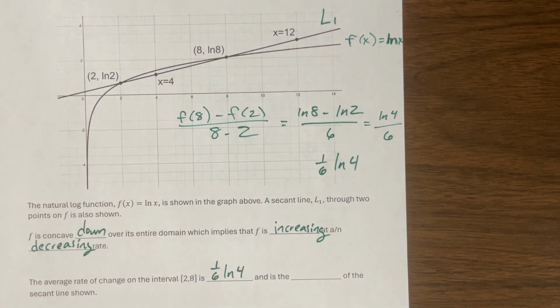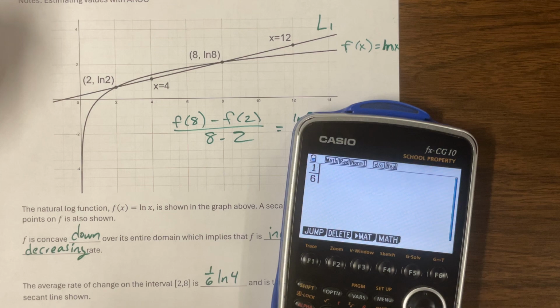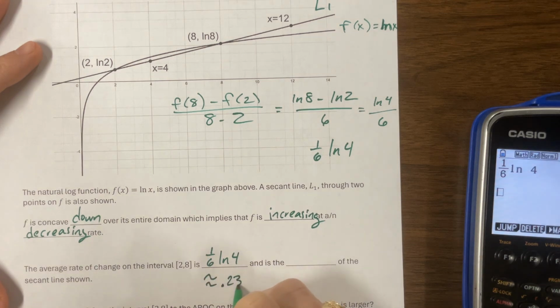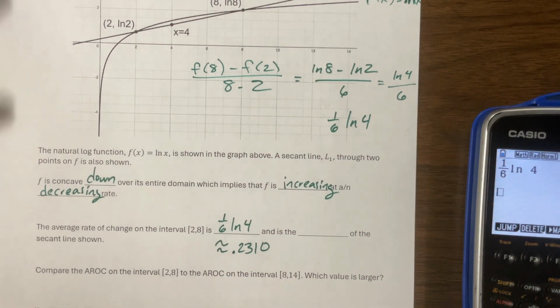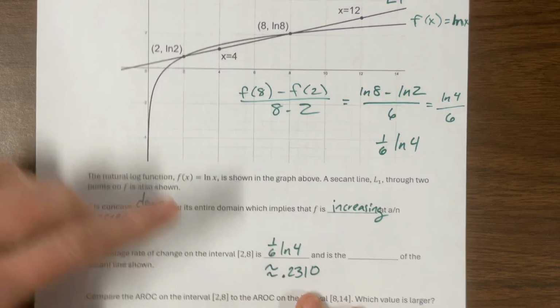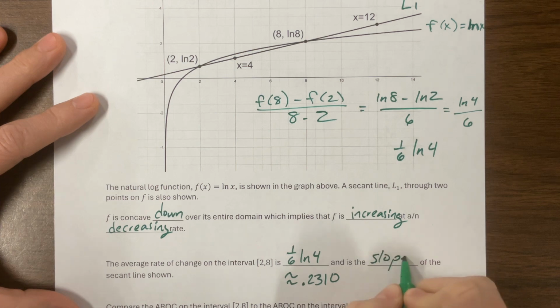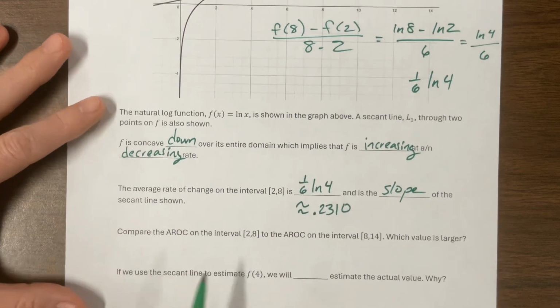Let me grab a calculator that works. 1/6 times the natural log of 4 is approximately 0.2310 if we want a decimal approximation. So we've got a few ways to write this average rate of change, and it's the slope of the secant line.